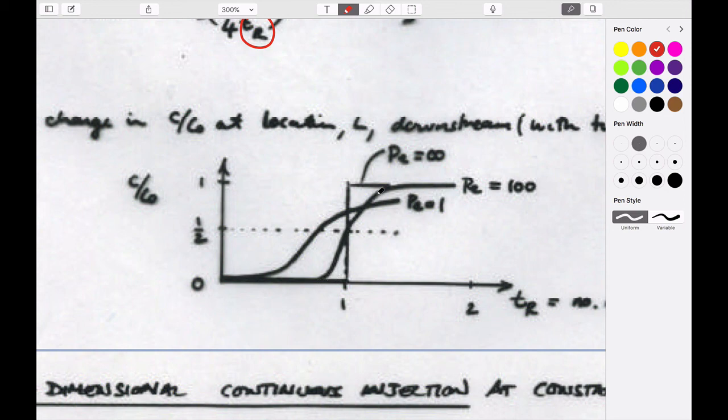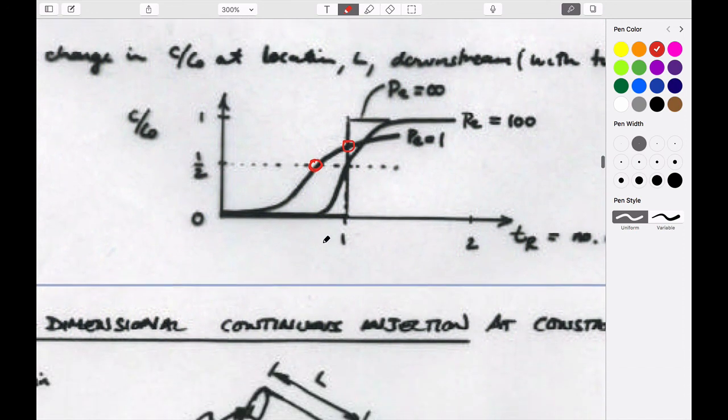Peclet number of 100 is pretty close, it goes through here. But for Peclet number of 1, it's not true, nor 10. And that is because this intercept here is not 50% at 1 pore volume, and this first arrival time occurs before 1 pore volume has come through.